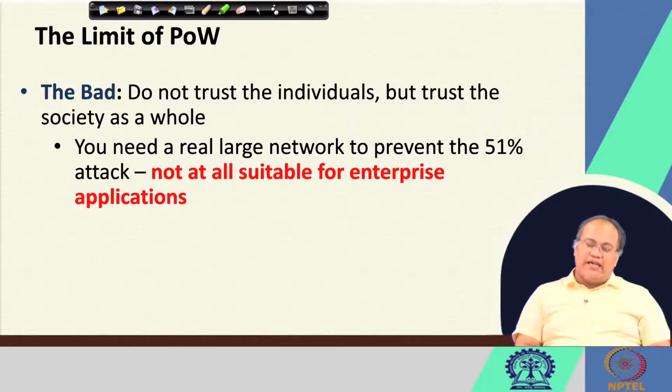But as I have mentioned, it is not that no one has ever demonstrated a 51% attack. Although it was not possible on Bitcoin, by the time people understood that a 51% attack is possible on a proof of work blockchain, the Bitcoin network had grown sufficiently large to prevent it.